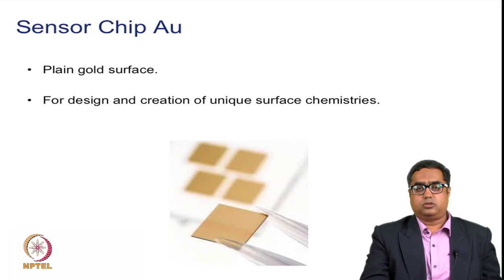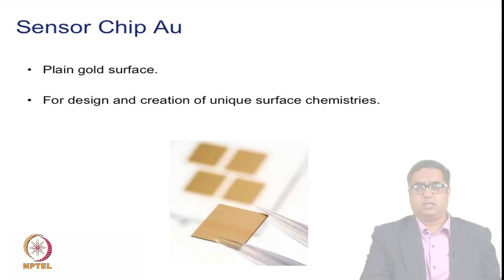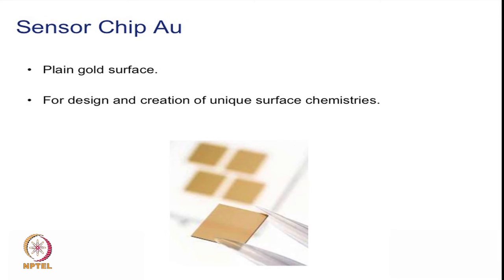Nowadays, there is also something called plain gold kits that are available, and these kits have portable gold surfaces. The portable gold surfaces can be taken into a laboratory, and you can do the required immobilization of the molecule and insert it into the chip cassette and then into the Biacore system for studying the interaction.